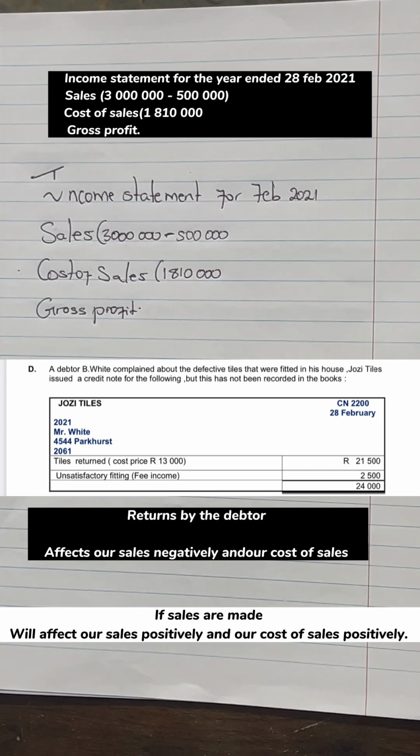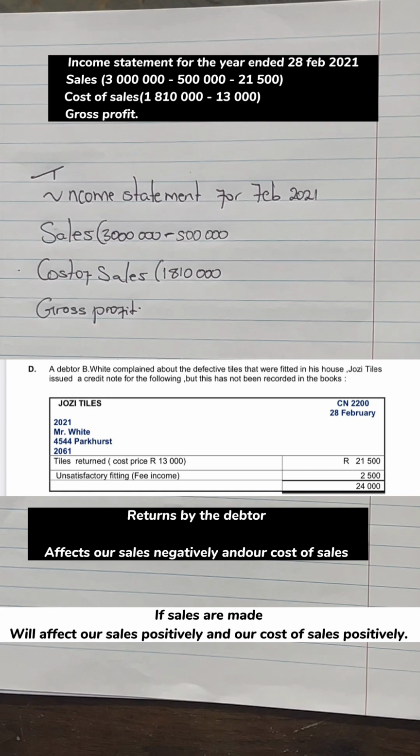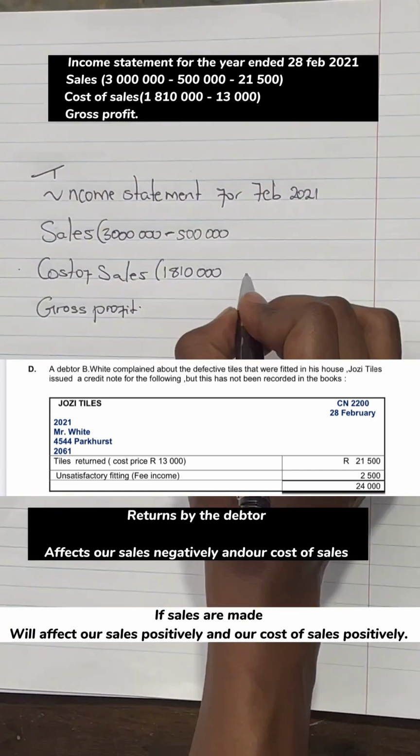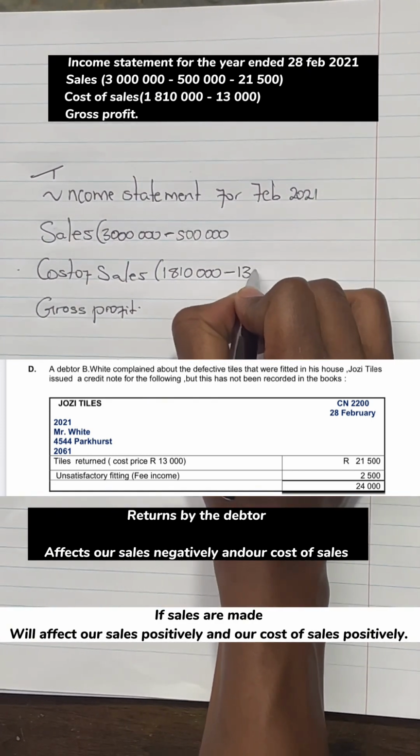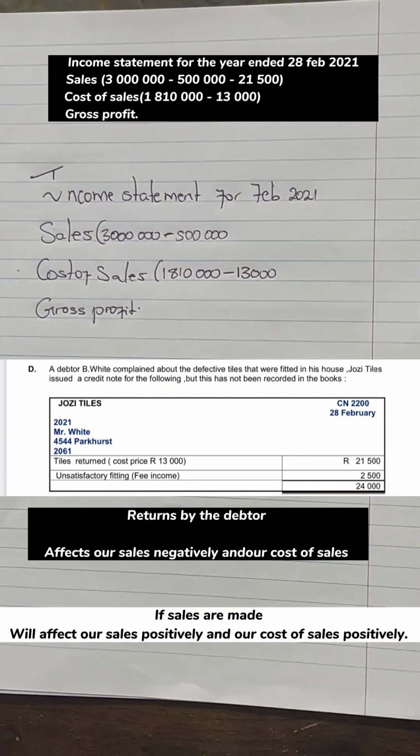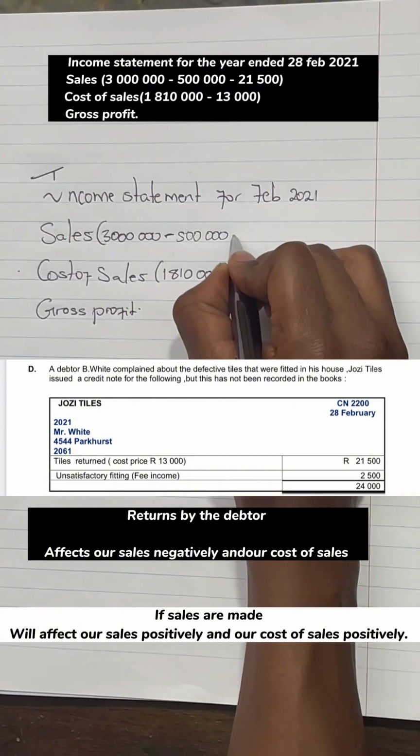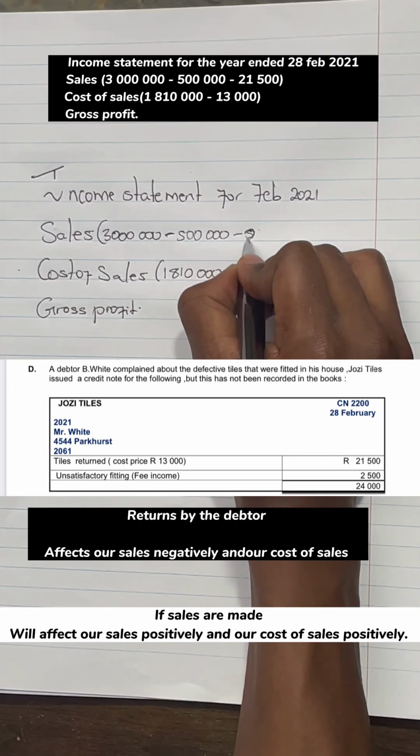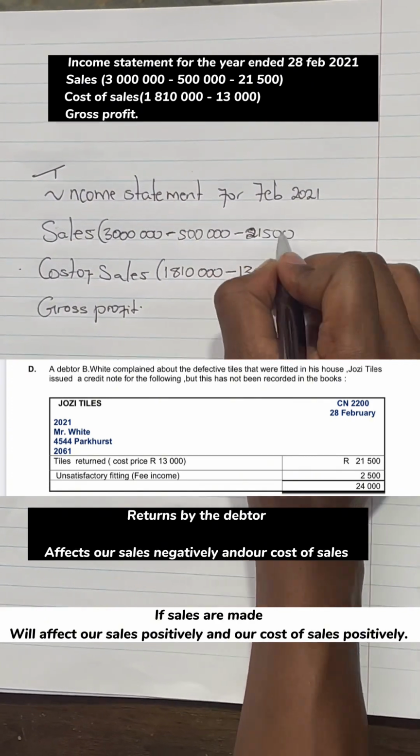And then we have that information: tiles returned. Normally, whenever we allow a debtor to return our tiles, it is at cost price. That's why they gave us tiles returned, and in brackets we have the cost price of 13,000. Then we are going to subtract 13,000, and at sale price 21,500, we are also going to subtract 21,500.